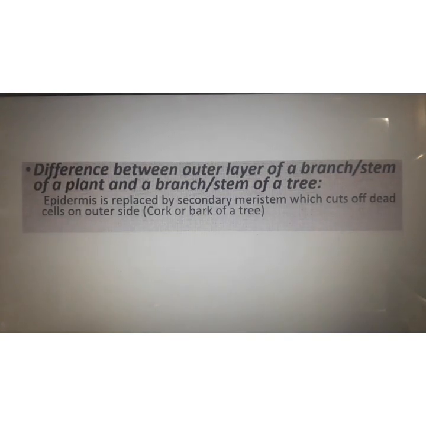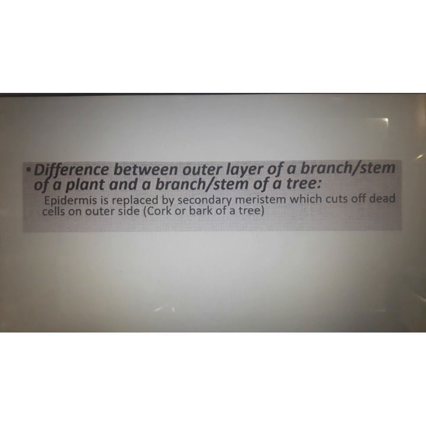Now in your book it has been asked: is the outer layer of a branch of a tree different from the outer layer of a young stem? So the answer is yes. The two are different because the epidermis is replaced by secondary meristem when the plant grows older.